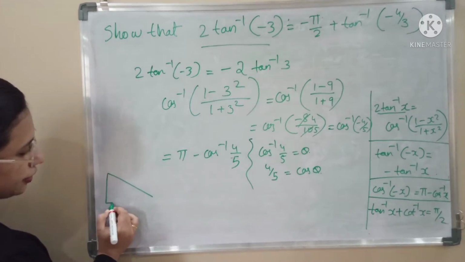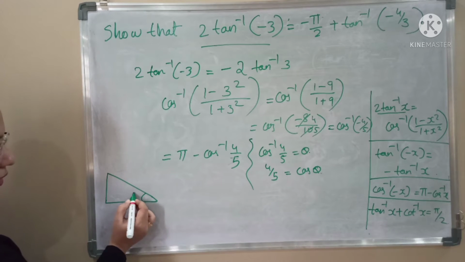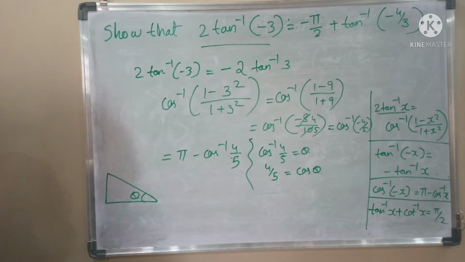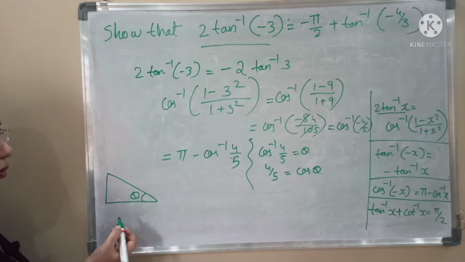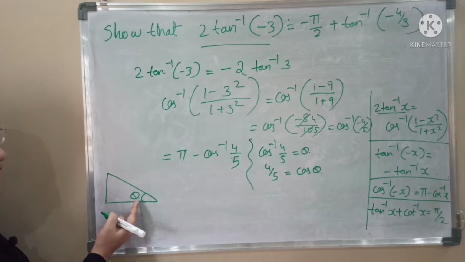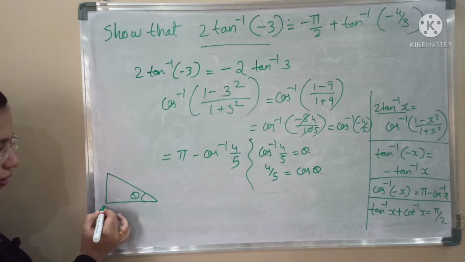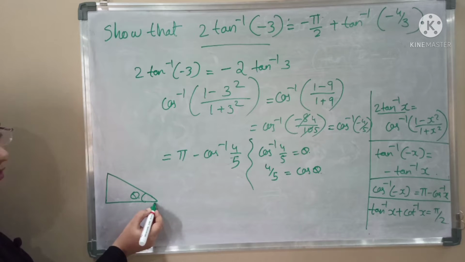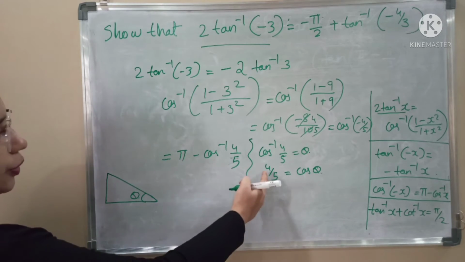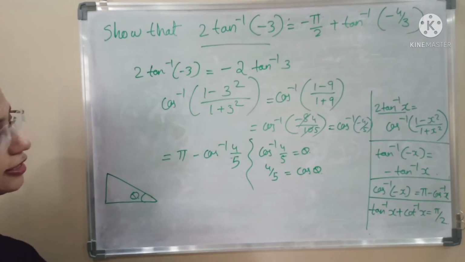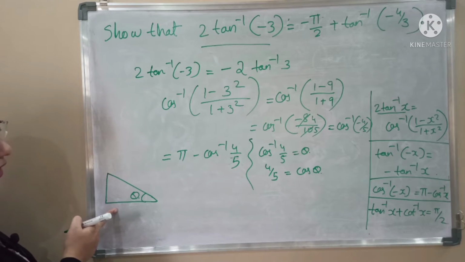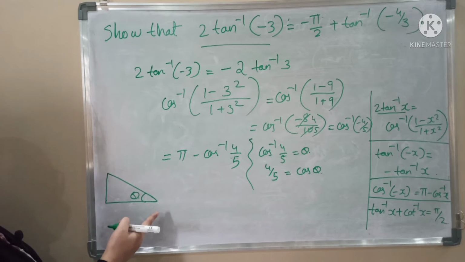So we know that if we take a triangle, how are trigonometric functions obtained? If theta is this one, then we have the hypotenuse, the opposite side, and the adjacent side, right? So here cos theta will be adjacent side by hypotenuse.